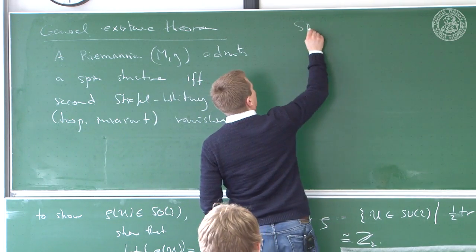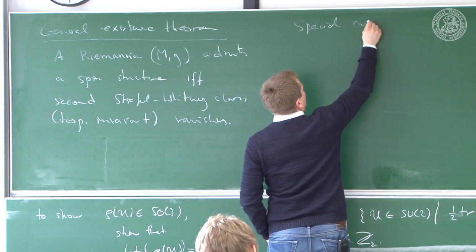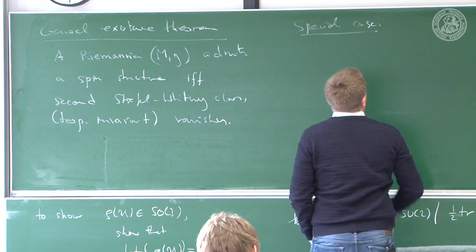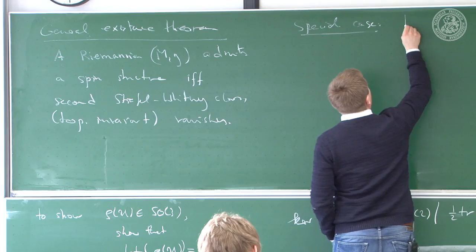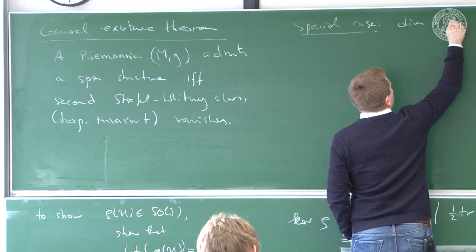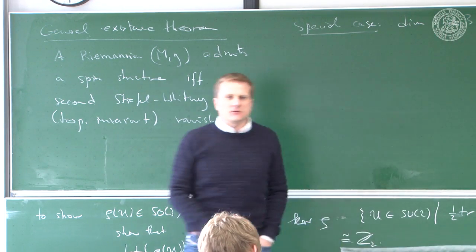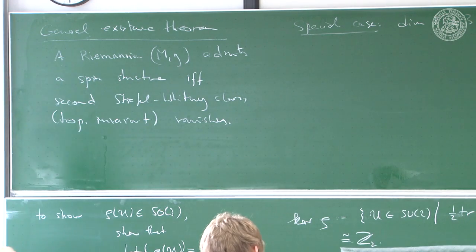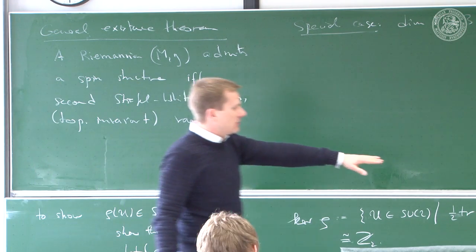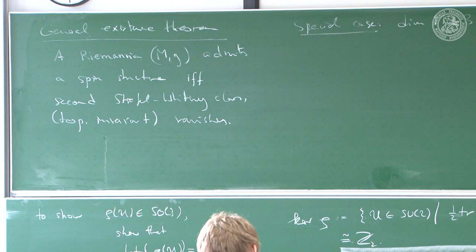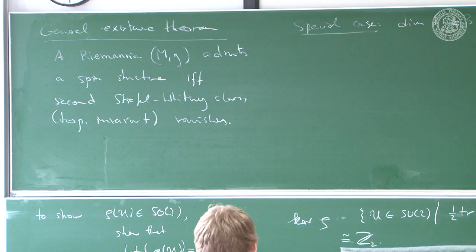Special case: the dimension of M is less or equal to 3. So we won't cover space-time. Well, anyway, as I defined it, it's only for Riemannian manifolds. But of course, this can be extended naturally to spin(1, n-1), and so on.